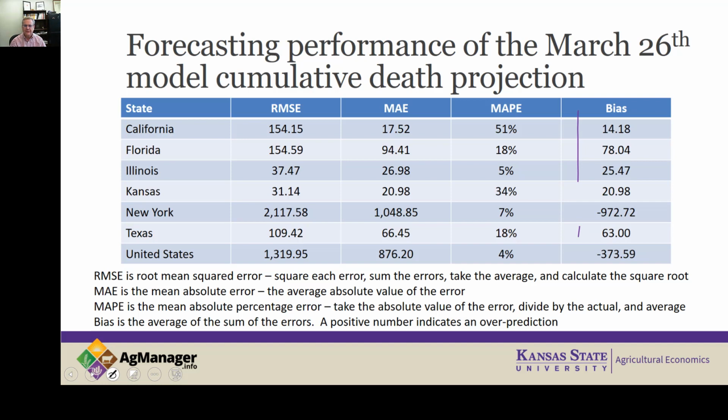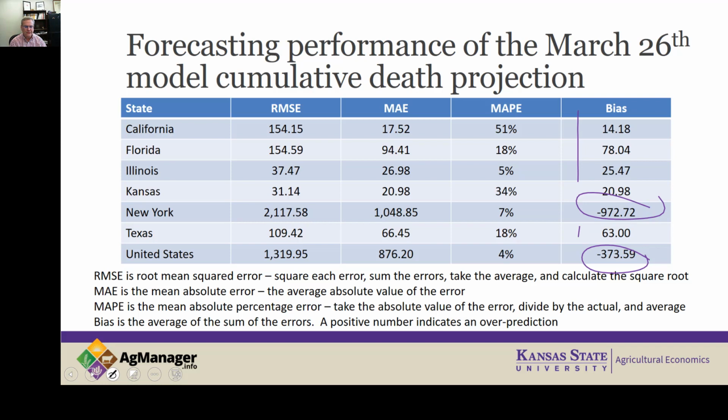What that indicates is that the model overpredicts the number of deaths in those states, while in the U.S. and in New York, the model has actually underperformed. It's much easier to forecast the cumulative death projection than it is the day-to-day, and you'll see this by much smaller mean absolute percentage errors.